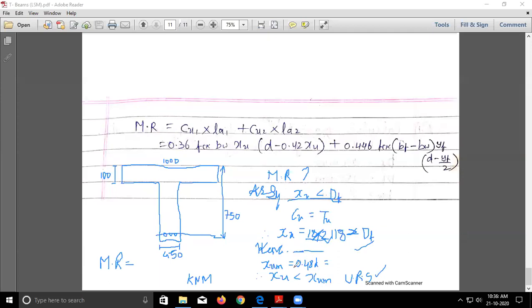So now go for the next assumption or the next case. So what is the next case?